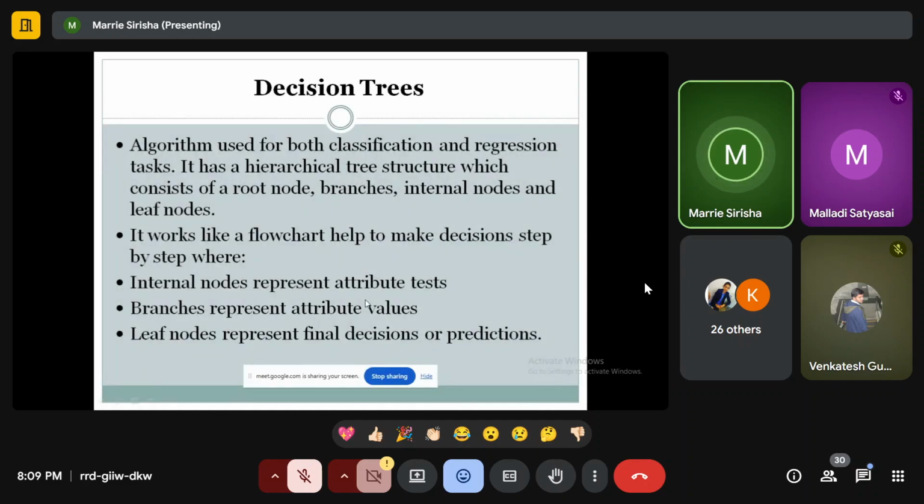It will represent the attribute basically. And branch represents the attribute values. And leaf node is nothing but the final prediction. The final decision is the leaf node. So you have to be aware of these three terminologies. And branch is also known as root node. Root node ante from where you are starting, ఏదైతే స్టార్ట్ చేస్తున్నామో ఫ్రమ్ ద ఫస్ట్ టాప్, దట్ ఈస్ కాల్డ్ branch. And leaf node is your final prediction or final decision.